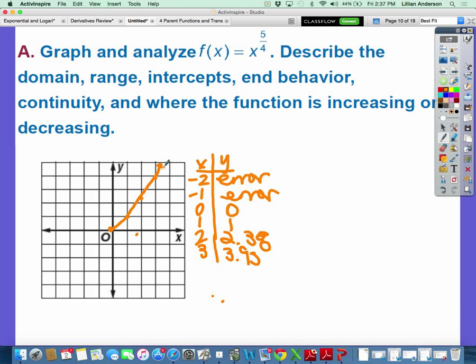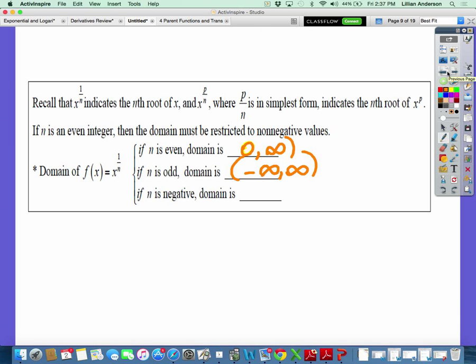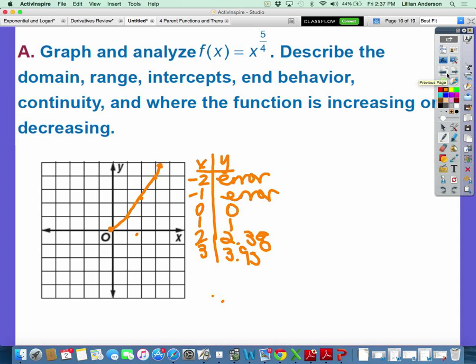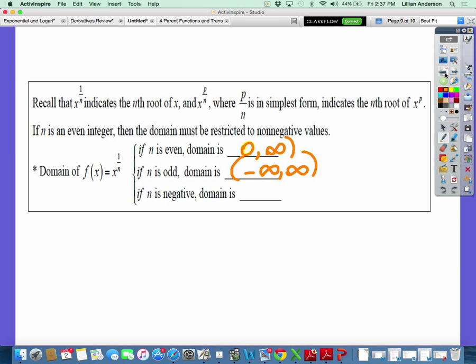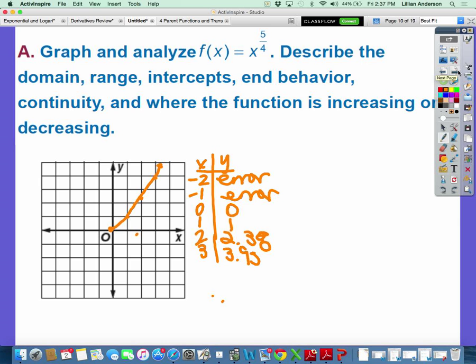So we see that when n is even, my domain is 0 to infinity. Is 0 included? Yes, it is. So my domain, I already know, is 0 to infinity.